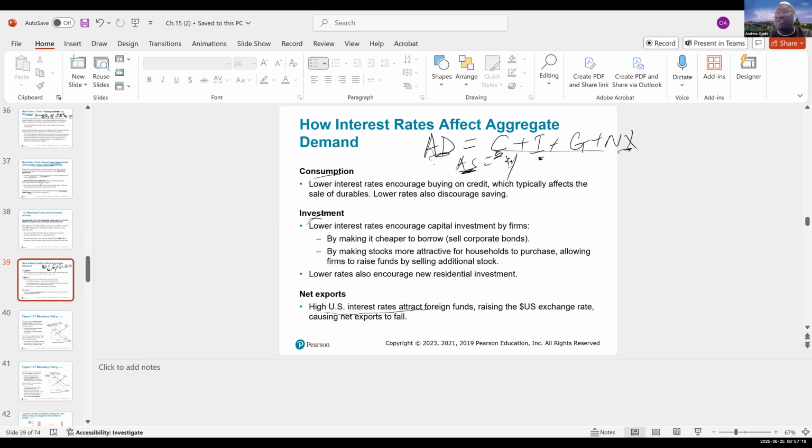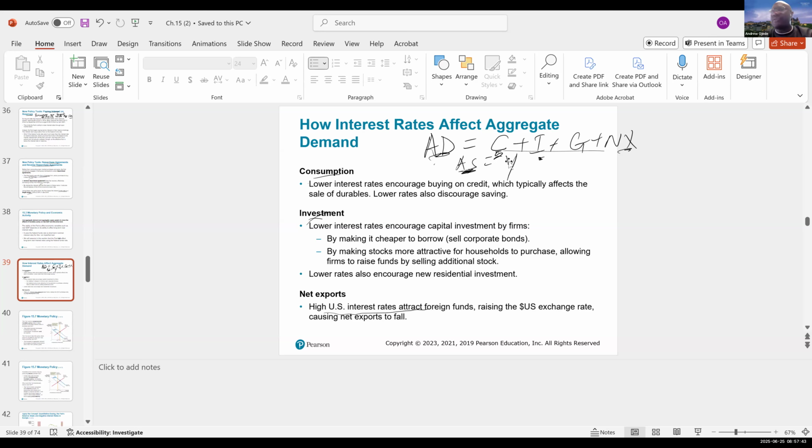The United States is going to attract more dollars from foreign countries. For people to invest in US assets, they need US dollars. If somebody from Mexico wants to buy US Treasury bonds, we don't price our Treasury bonds in Mexican pesos. It has to be in US dollars. So they need to convert the pesos into US dollars before they can buy US assets like Treasury bonds.